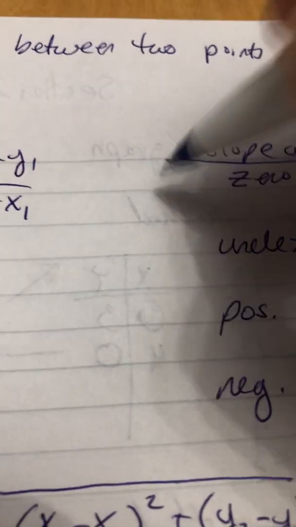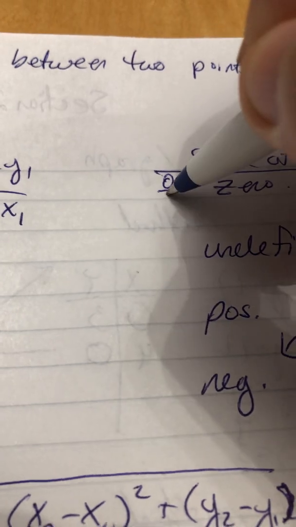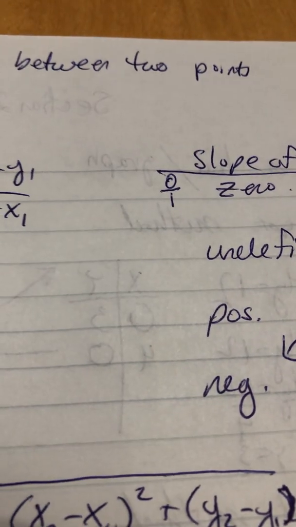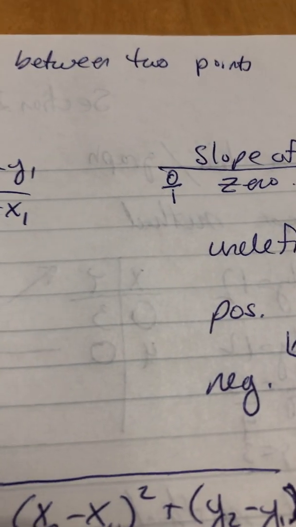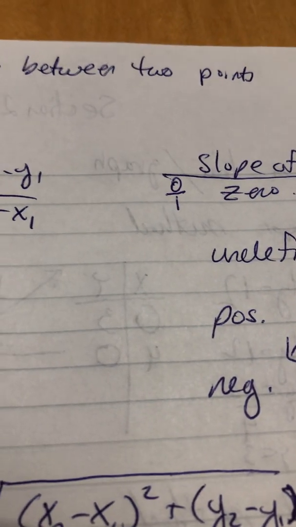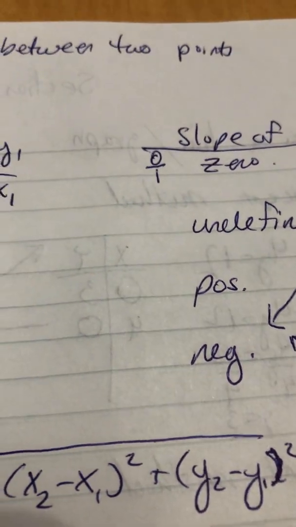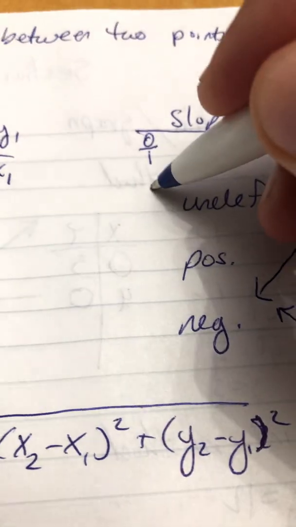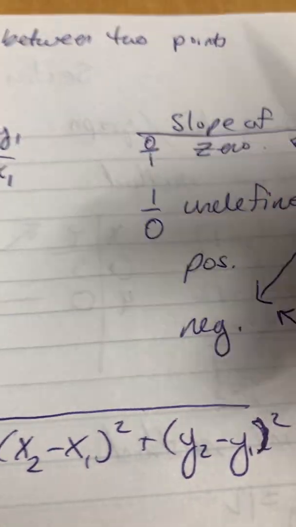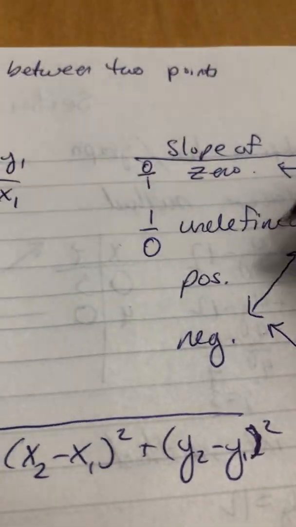So 0 is going to look like 0 over some number, like 1 or 2 or 3, but not 0. 0 over 0 is, well, it's a calculus issue that we would not deal with at this point in time. Undefined would have a 0 in the denominator with a number other than 0 in the top.